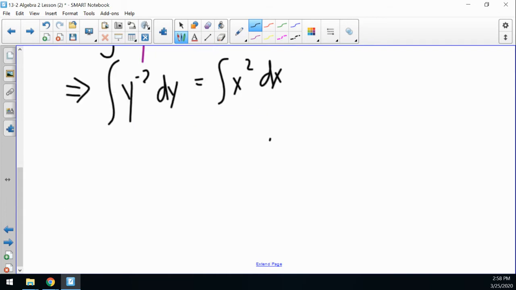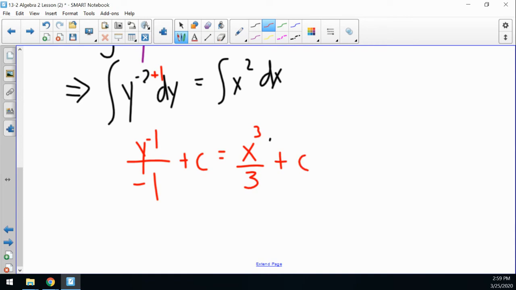Remember, we add 1 to our power, so plus 1 would be y to the negative 1 divided by the new power, plus some constant, is equal to x to the third divided by 3 plus some constant. We're not quite sure what that constant is at this point. In fact, the book tells us that this doesn't have a constant, and that's fine. We don't have to worry about it.